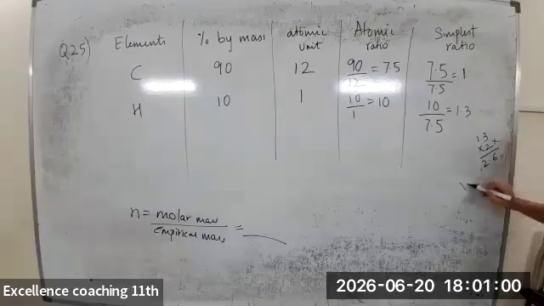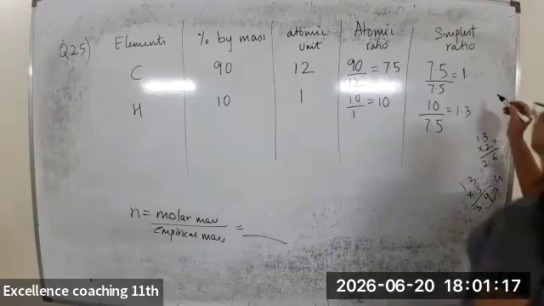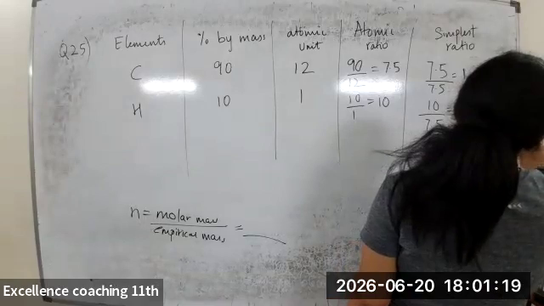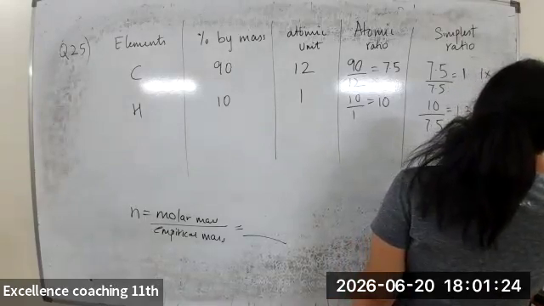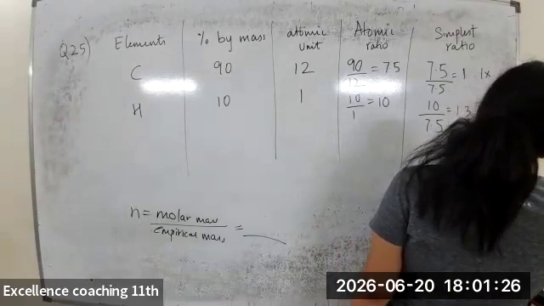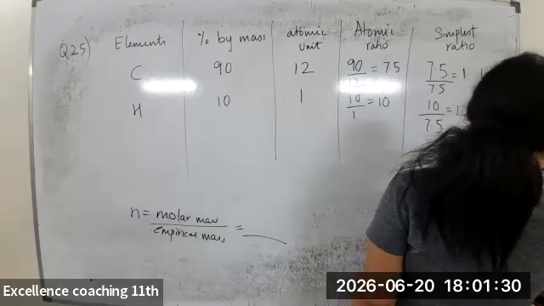Try with 3. 1.3 into 3 will be 3.9. It is just one number ahead, so we can convert this 3.9 into 4. So this also you have to show. 1.3 into 3 will be 3.9, which is equivalent to 4. Here it will be 3.